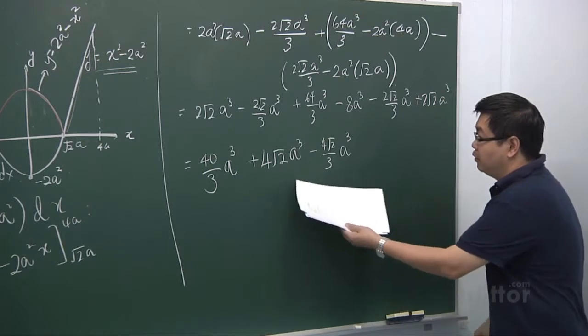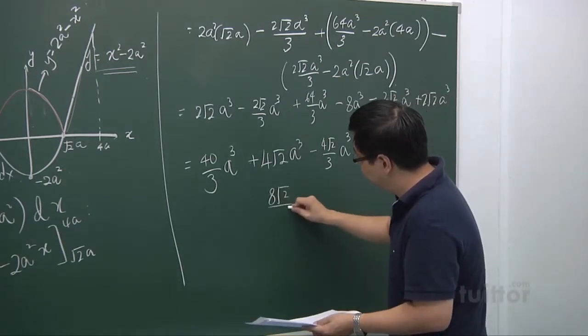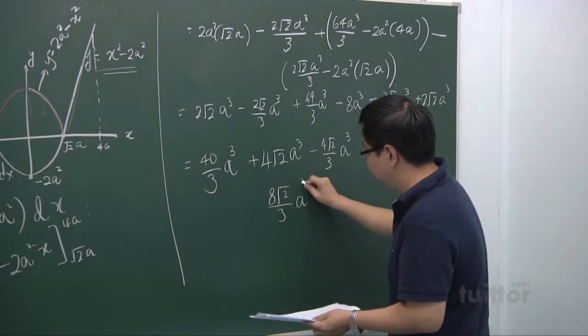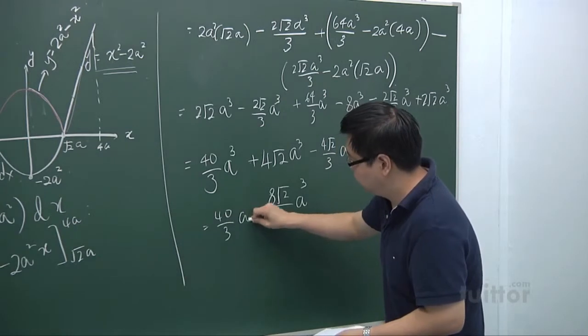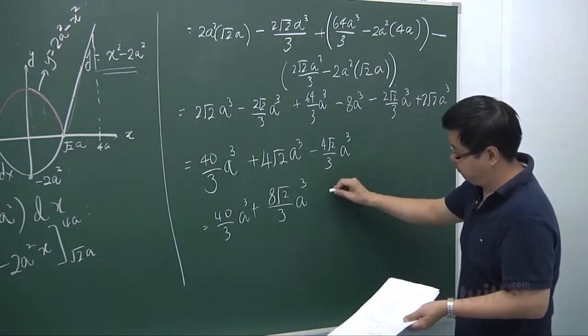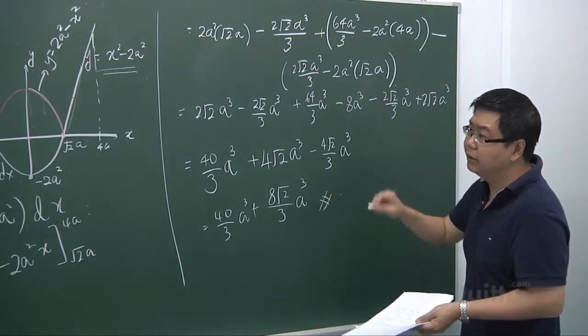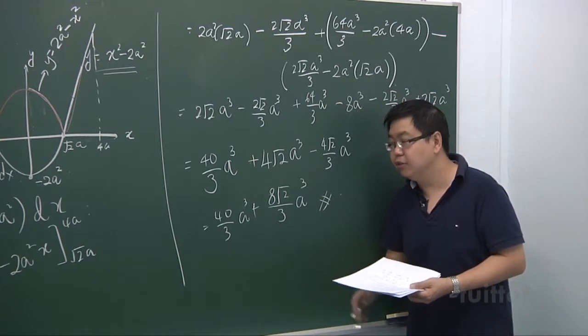So simplify these two, becomes 8 root 2 over 3 a cubed. And this, of course, gives 40 over 3 a cubed. So this will be the answer to the definite integral, exact values in terms of a.